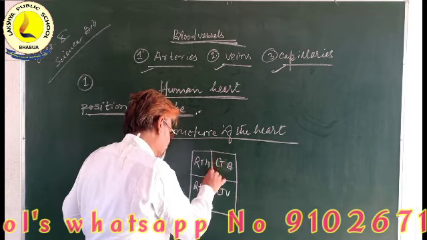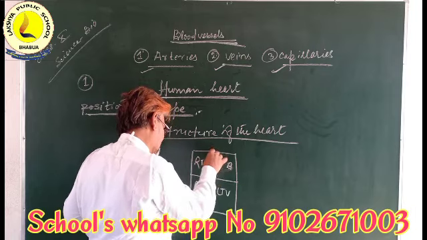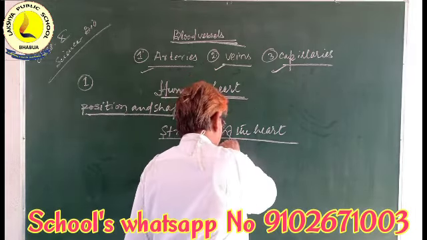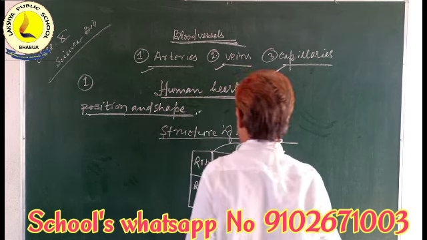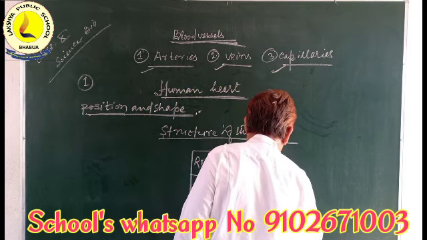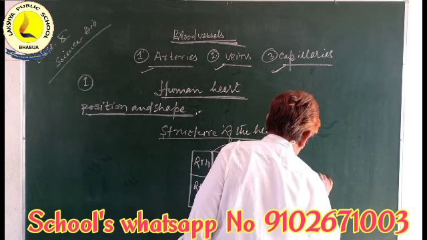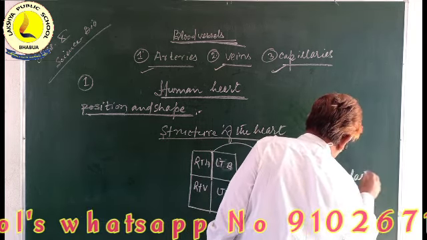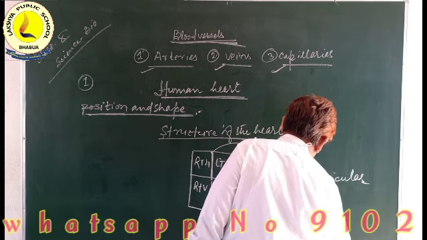This wall, which is present in between the right auricle and the left auricle, is said to be the inter-auricular septum.